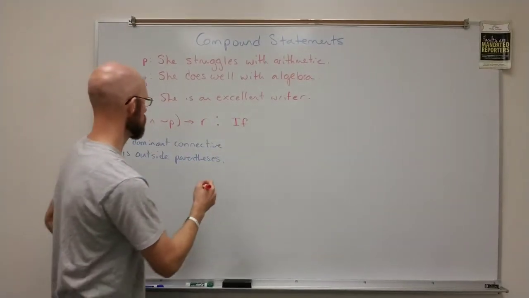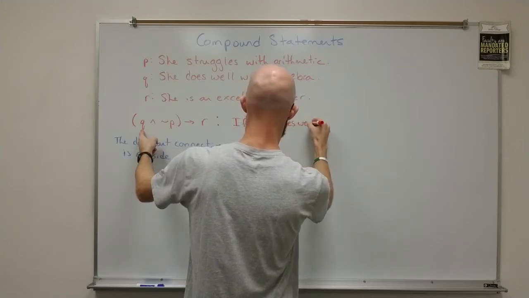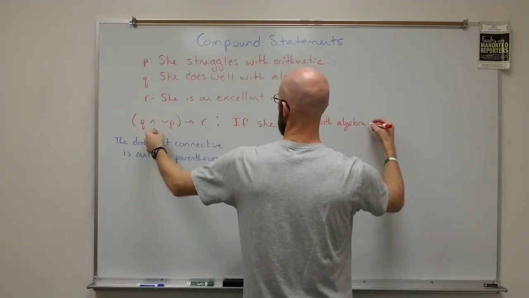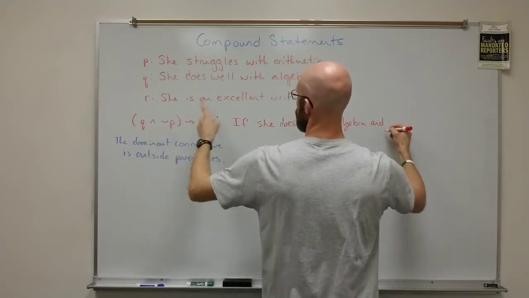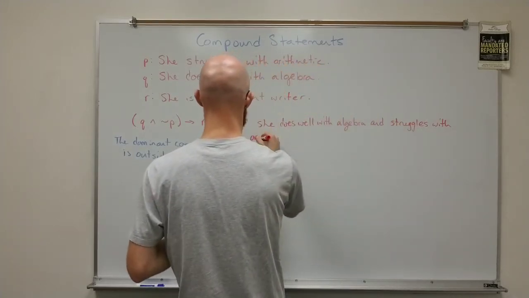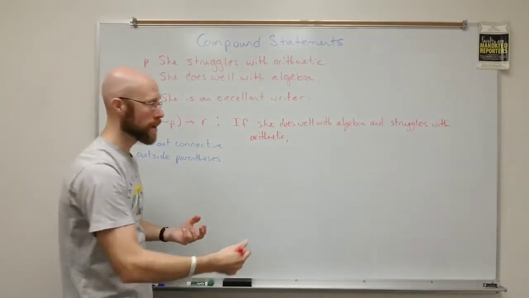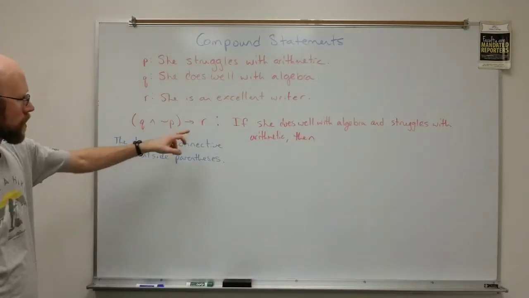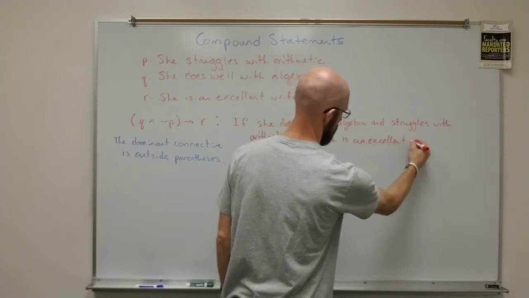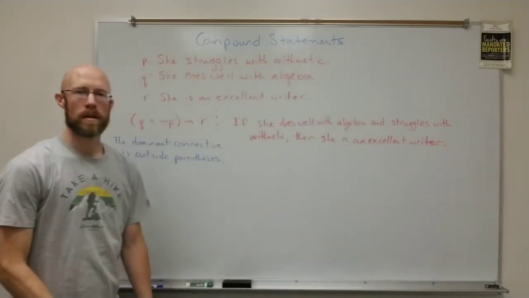So the first thing here, if she does well with algebra, and struggles with arithmetic, so if she does well with algebra and struggles with arithmetic, then, there's your conditional, she is an excellent writer. Okay? So that's just a translation.